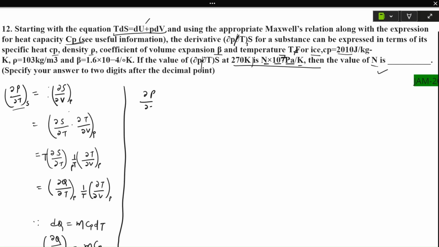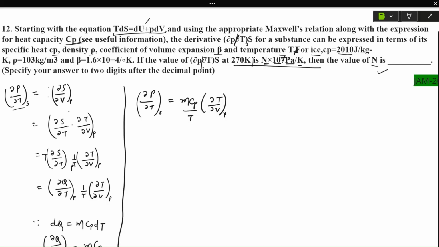del P by del T at constant entropy S is equals to m Cp by T and del S by del V. Okay, sorry, del T by del V, del T by del V at constant pressure.